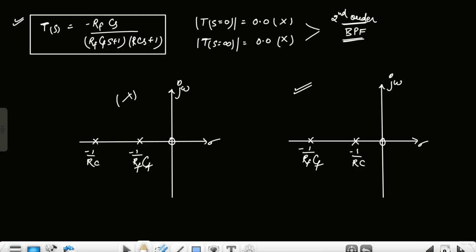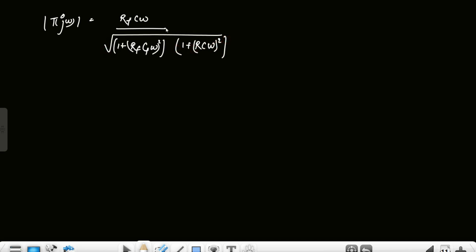omega naught. Here this magnitude will be RF C omega upon the square root of (1 plus RFCF omega, whole square) times (1 plus RC omega, whole square), right?